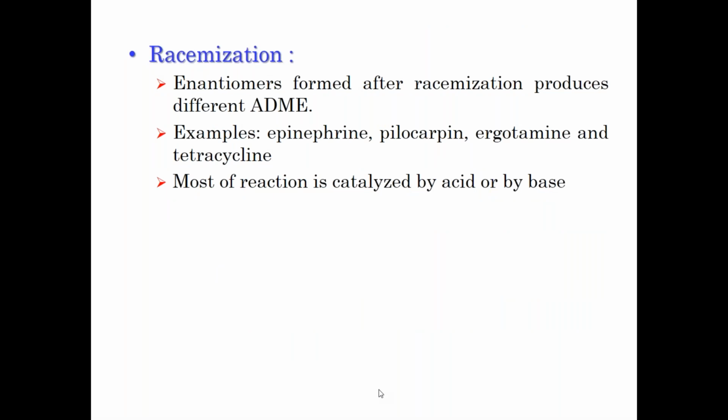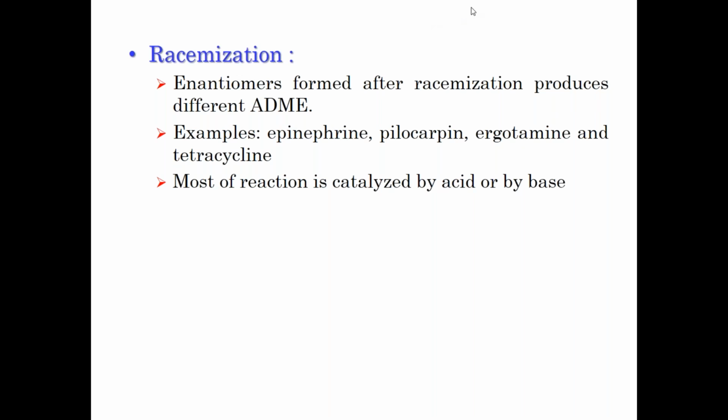So racemization also. As I was telling you, depending on the type of chemical changes happening, you can keep on giving different names. These are some examples taken from the textbooks, just for your answer points. Racemization is another chemical process. Enantiomers are formed after the racemization procedure, which can affect the ADME process.